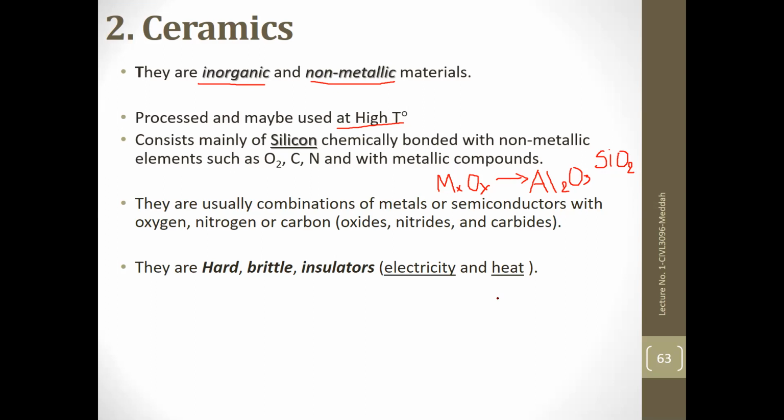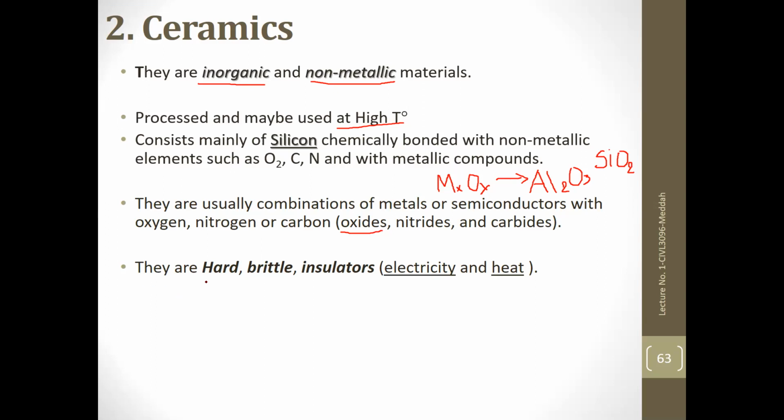So this is how ceramics are formed: a combination of metals with oxides, or nitrides or carbides. But the most common case is combining metal with oxygen. You can think about many examples: aluminum oxide, iron oxide, calcium oxide, silicon dioxide, and so on. Magnesium oxide.